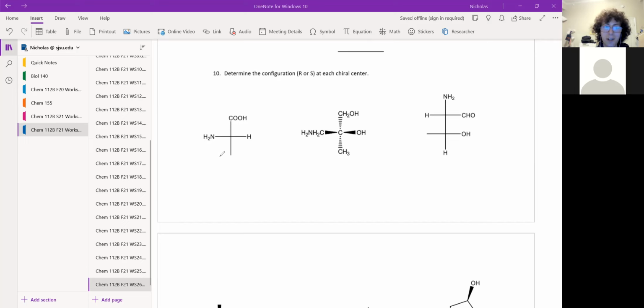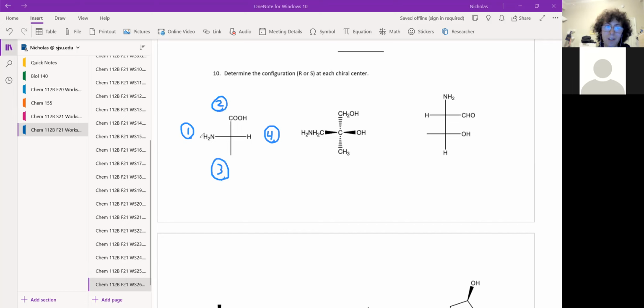Oh, I was just trying to emphasize I was starting at the left. Which substituent? Yeah, the amine. And then what should be number 4? That's usually pretty easy to identify. The hydrogen, yeah. And then what's number 2? Carboxylic acid. Draw that.